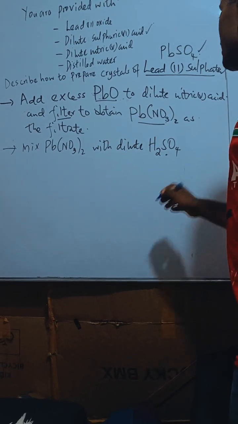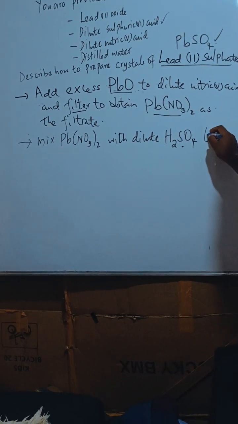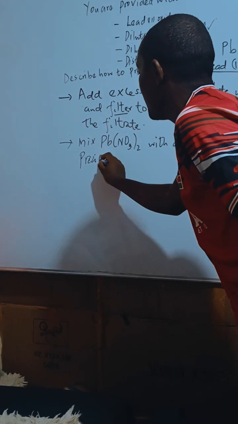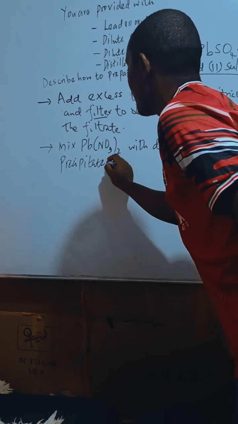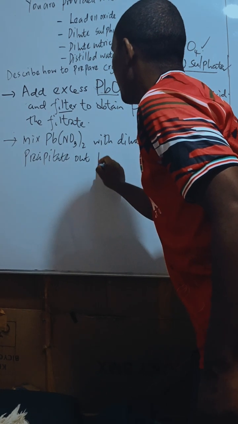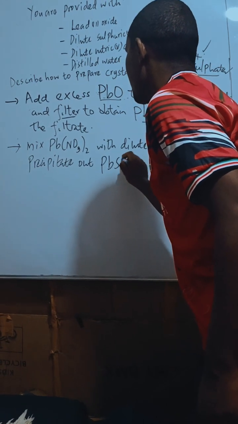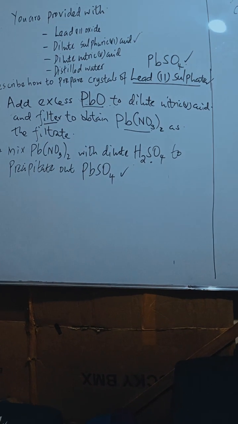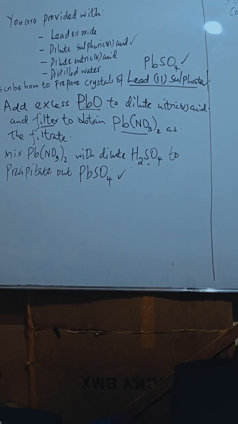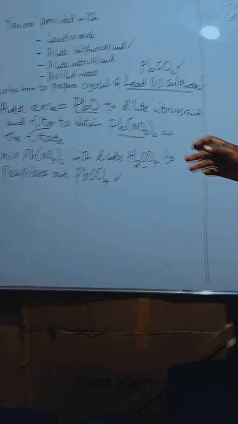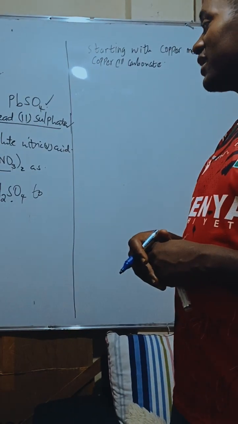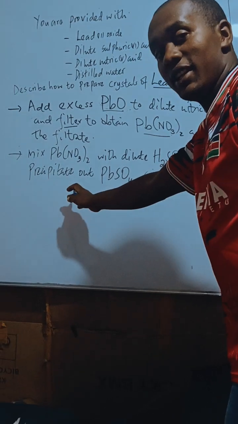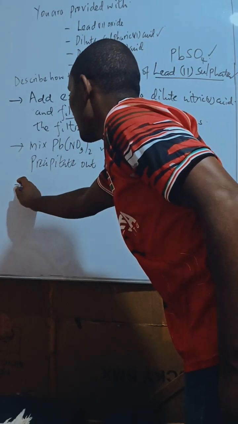So mix lead nitrate with dilute H2SO4 to precipitate out lead sulfate. So that is our precipitate by the precipitation method. Mix the lead nitrate that we have formed with dilute sulfuric 6 acid that contains sulfate ions to precipitate out lead sulfate.